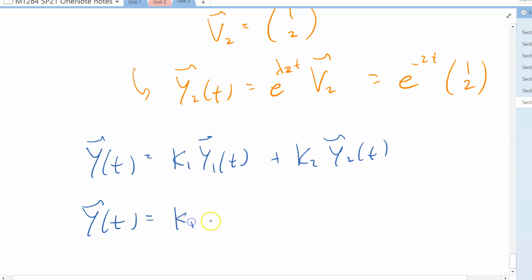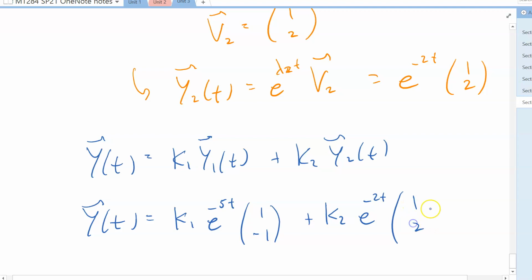We get k1 times e to the negative 5t times our eigenvector, which is (1, negative 1), plus k2 times the solution we just found, e to the negative 2t times the vector (1, 2).